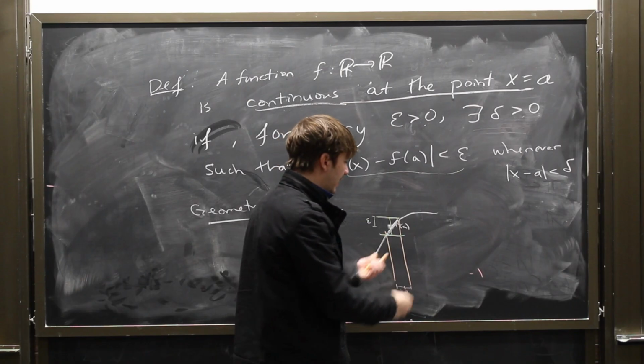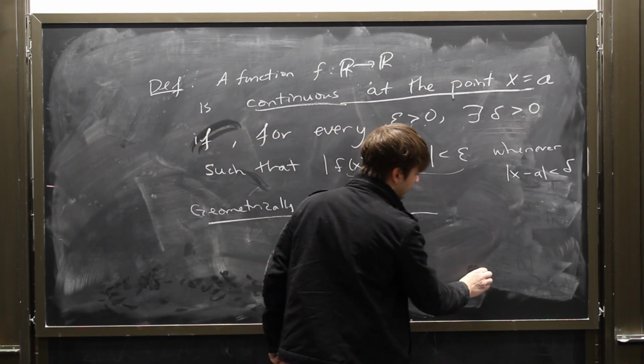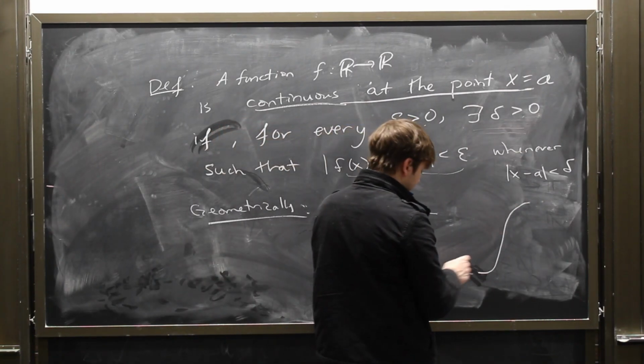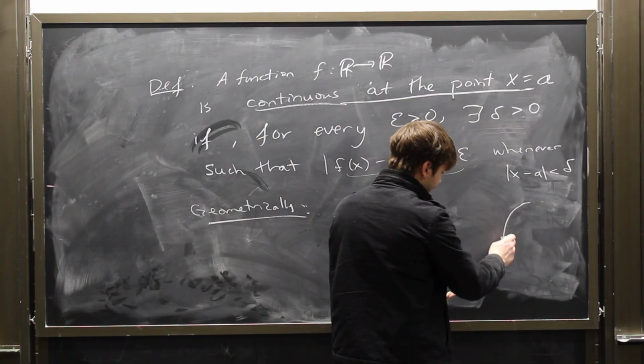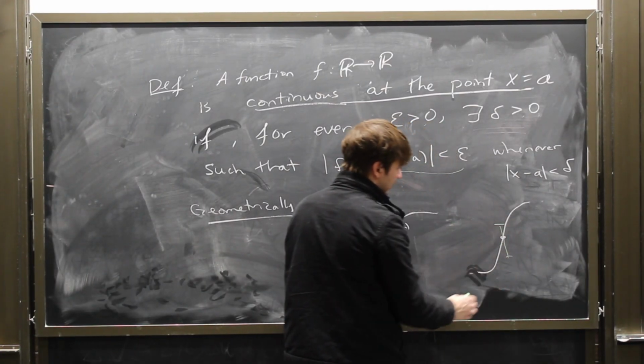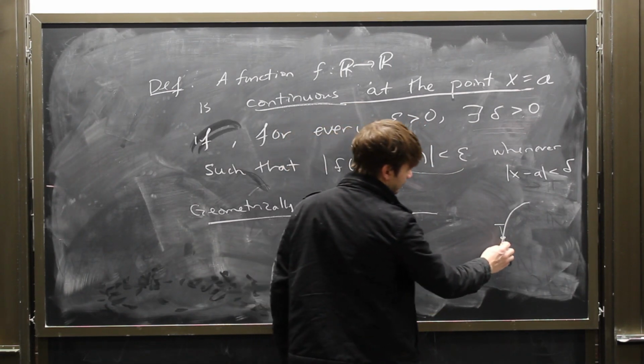Now notice that this depends on somehow the steepness of the function. For example, if I had a very, very steep function here, and then I specified the same epsilon, okay? If I specified the same epsilon like this, then notice that I'd have to have a smaller delta neighborhood.